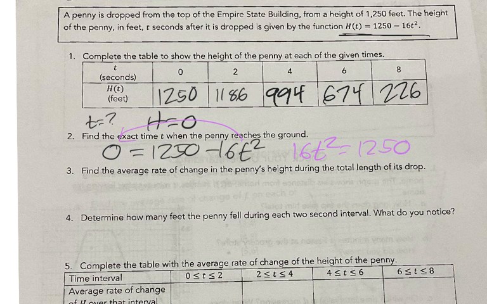Everybody's okay with move it over and change its sign? That doesn't scare anybody, I hope. Divide by 16. So I've got 1250 divided by 16. I get 78.125 is equal to t squared. Is everybody okay? This looks bad on the board. I would normally work down the page, but I don't have any space on this paper.